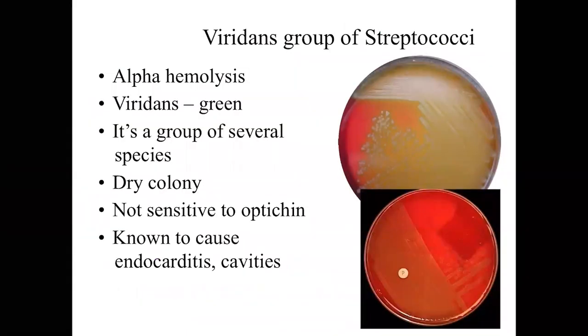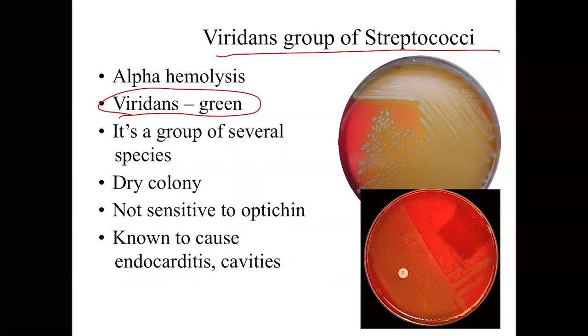Now there are other alpha hemolytic streptococci, and they're in this group called viridans. Viridans is green. It's a group of several species. It's very dry, it's not sticky looking.